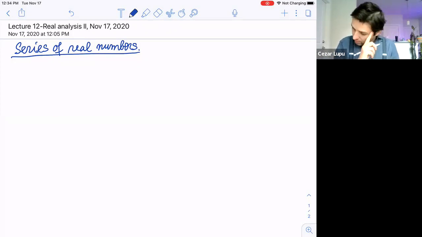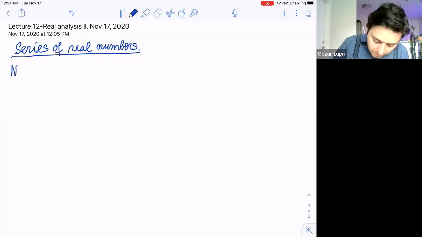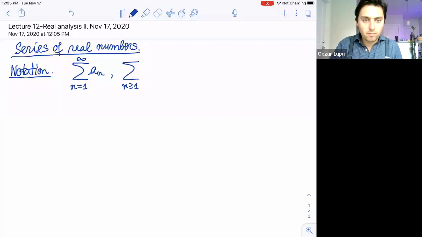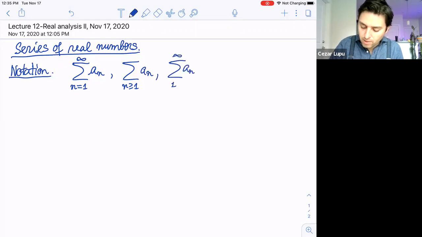But before I talk about that, let me tell you something about the notation that we're going to use. Usually we denote them by the sum from n equals 1 to infinity of an, or sometimes we just write the sum over n greater or equal than 1 of an, or sometimes, but this is not the usual notation, we can write them in a third way. But usually you'll see the first two, not the third one.